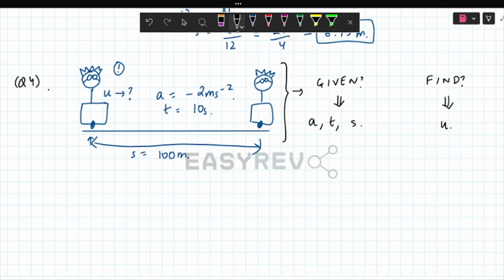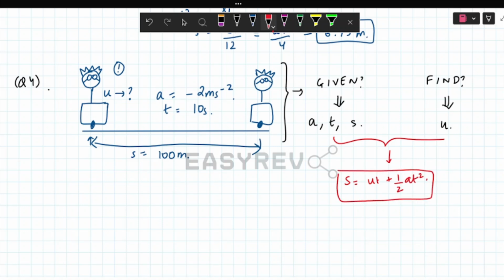Sal combined. The one equation that relates a, t, s, and u is simply s equals ut plus half at squared. So now it's just a matter of plugging in the relevant numbers, in which case we get 100 equals u times 10 plus half times minus 2 times 10 squared.